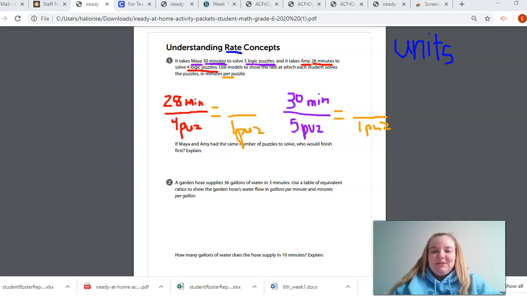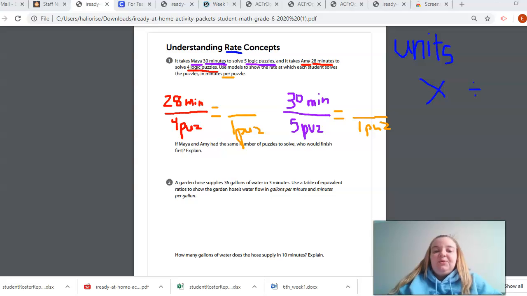Okay, one puzzle. Remember on the last video when I was talking about ratios, we only do multiplication and division. We're never subtracting or adding when we are trying to find the relationship within ratios and rates.